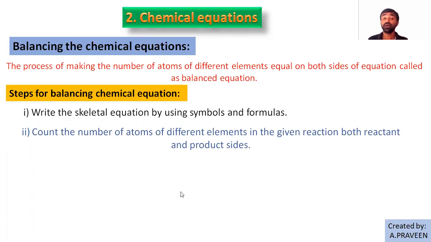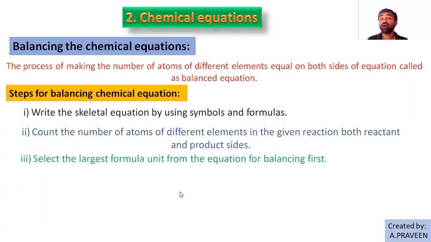Next, select the largest formula unit. For example, NaCl is there, Na2CO3 is there, suppose they are in the same equation. Here, count the atoms in the formula unit. A formula unit is the number of atoms that constitute a formula.